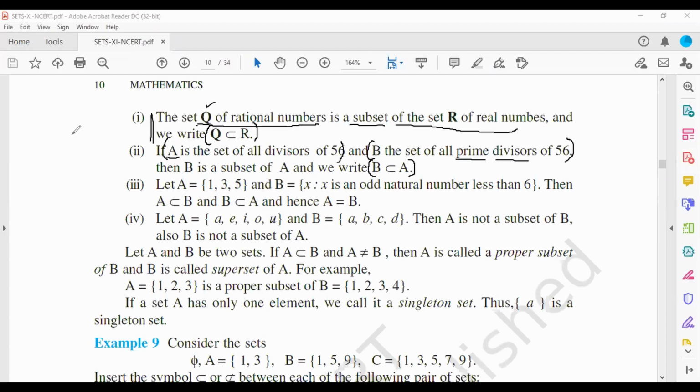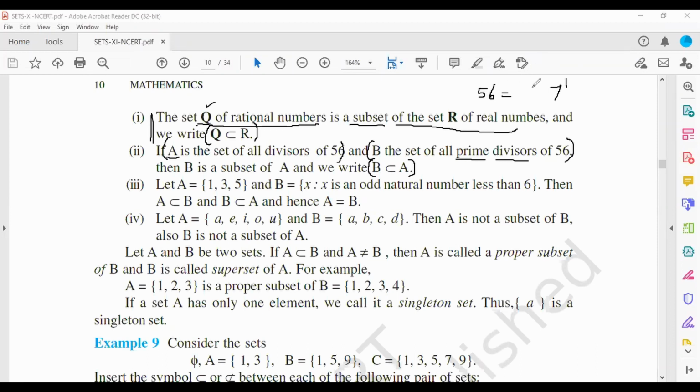I would like to elaborate on this. Prime divisors of 56. Yesterday also I was talking to you about the 10th standard prime factorization principle. 56 is divisible by 7, the biggest prime number for 56. Once you divide by 7, you are left with 8.